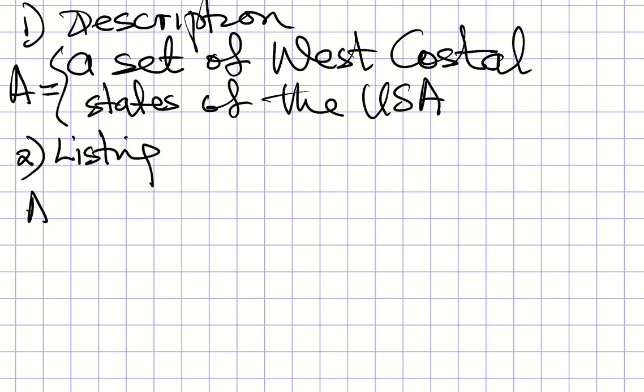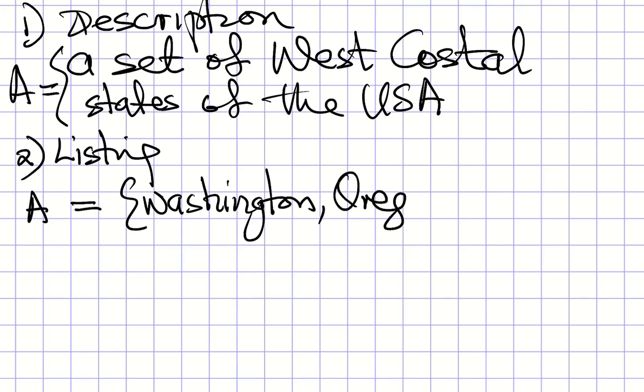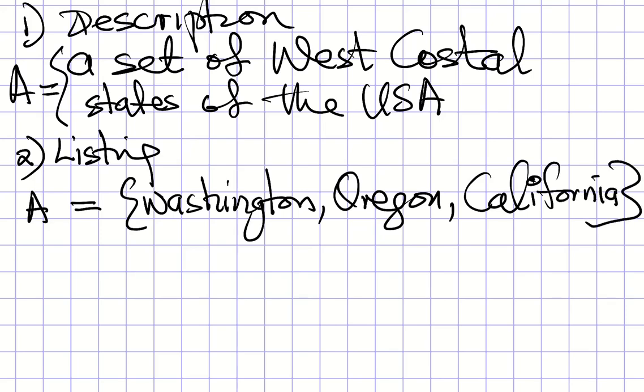You can say set A is equal to, and you list the elements of this set: Washington, comma, Oregon, comma, and then you write California. So basically you list the elements of the set and then you enclose them in that kind of bracket you're looking at there. That's what they call the listing method, right?